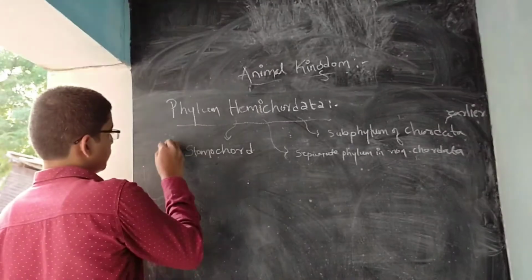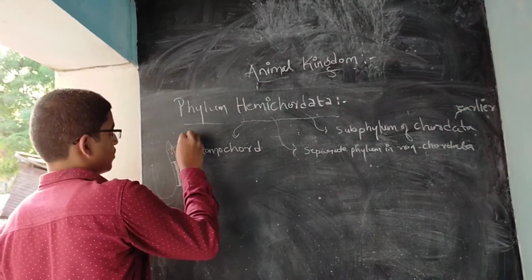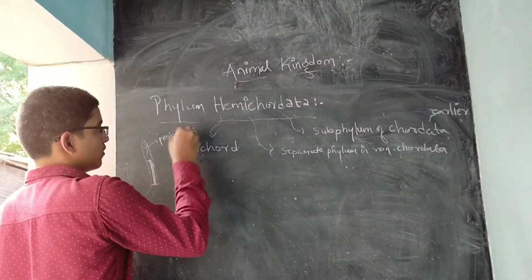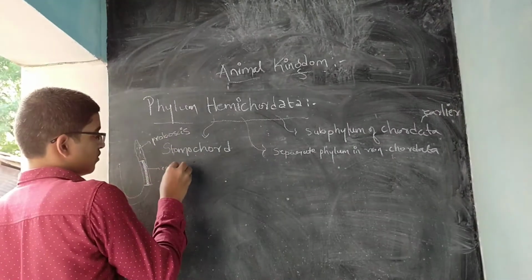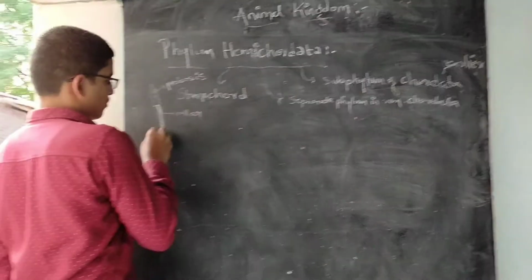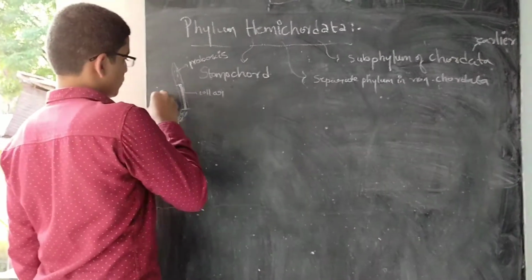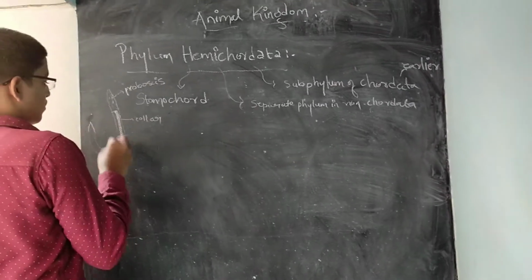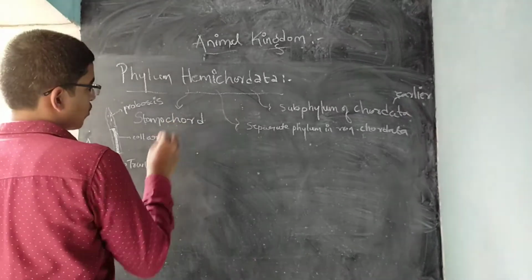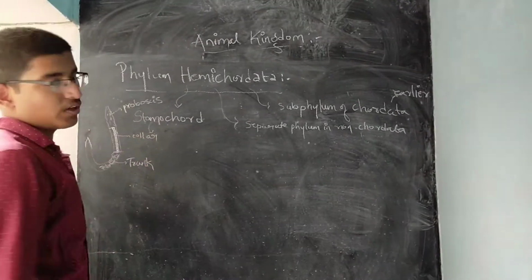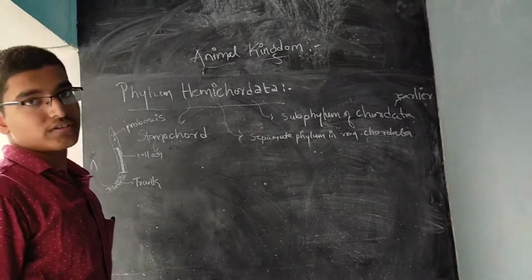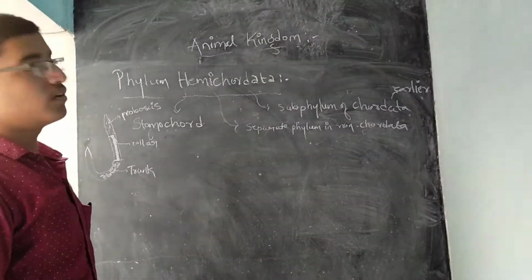This is the proboscis, this is the collar region, and this is your trunk region. So here the stomochord is present in the collar region, so it is studied as phylum Hemichordata under non-chordates.